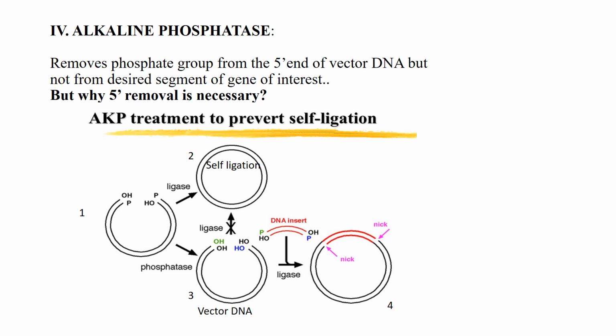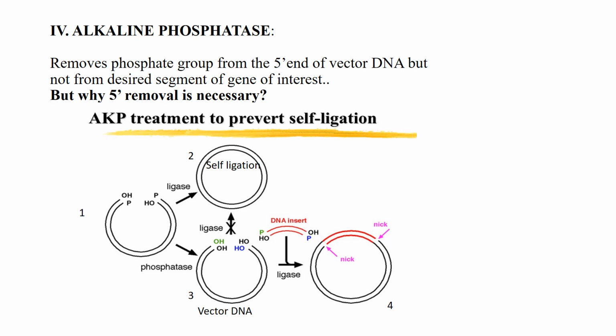What is self-ligation? Okay, here you see in the figure, in point 1, the double stranded circular DNA is here. It is the plasmid DNA. After cutting the double stranded circular DNA, there is the 5' phosphate group and 3' hydroxyl group.